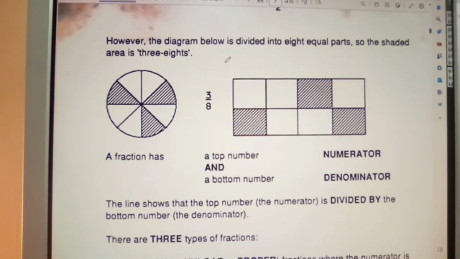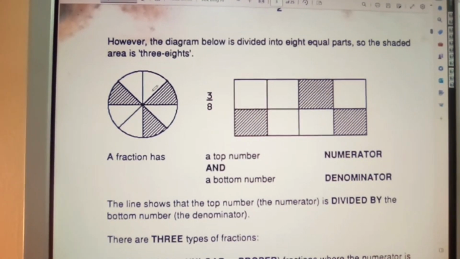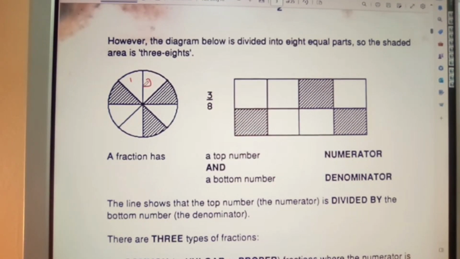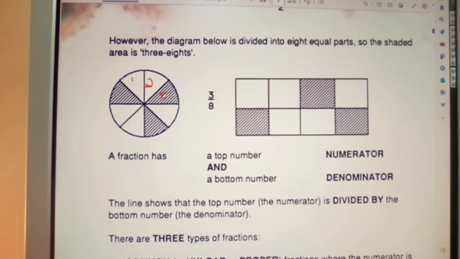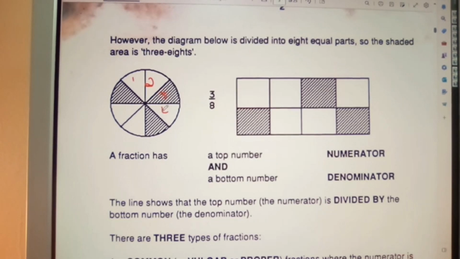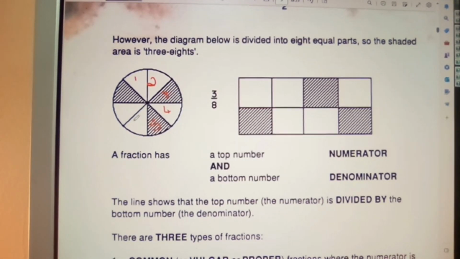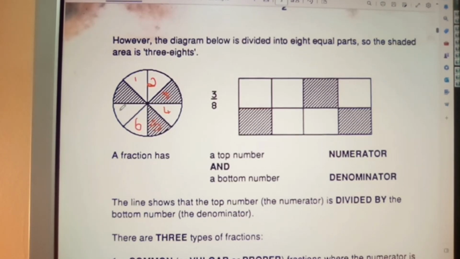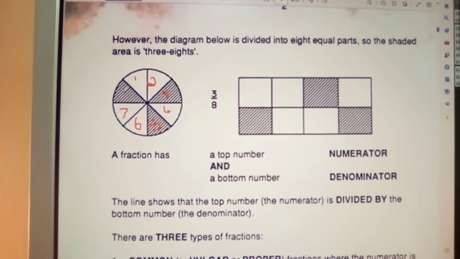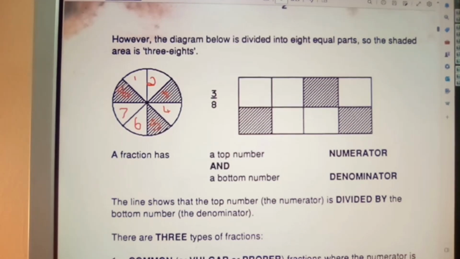However, the diagram below is divided into 8 equal parts, so the shaded area is 3/8. And here we have 1, 2, 3, 4, 5, 6, 7, and 8.